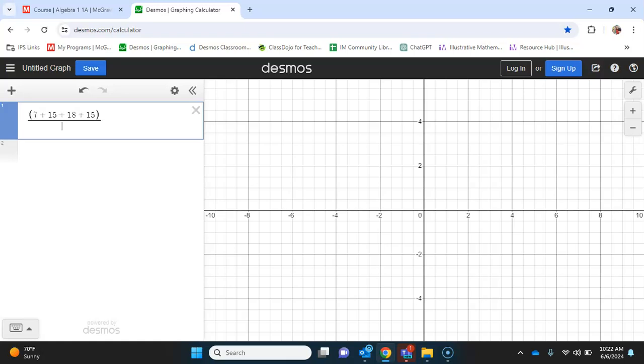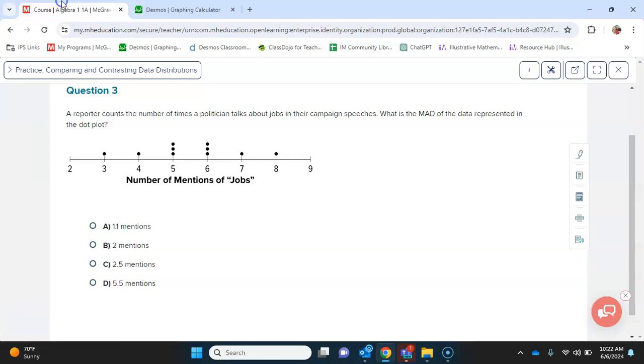Now let's put that in parentheses and divide that by 10, which we get 5.5, so we can find the difference of all of the numbers that have dots.